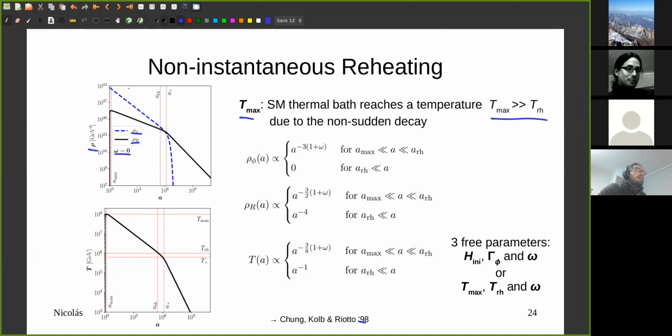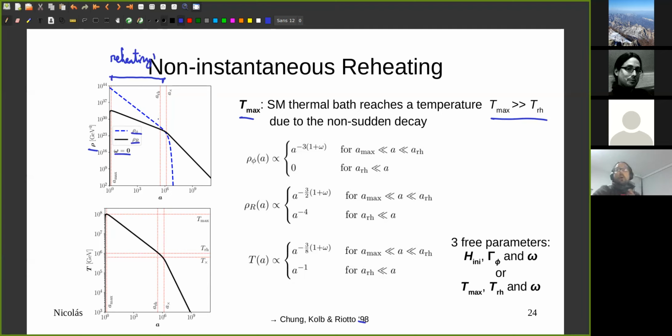All this part here corresponds to the epoch of the non-instantaneous reheating. This is reheating. So during reheating, you have both the inflaton and radiation. The inflaton is scaling as matter because we are taking the equation of state zero.